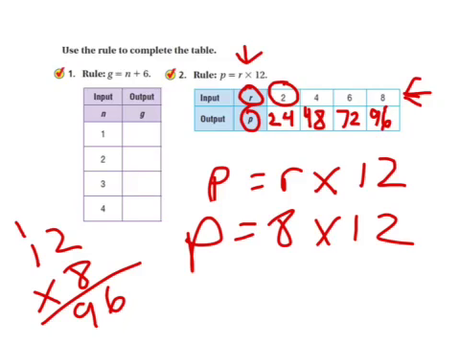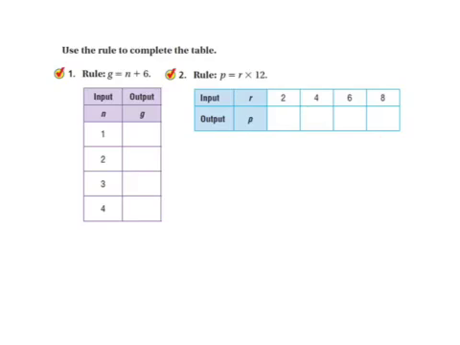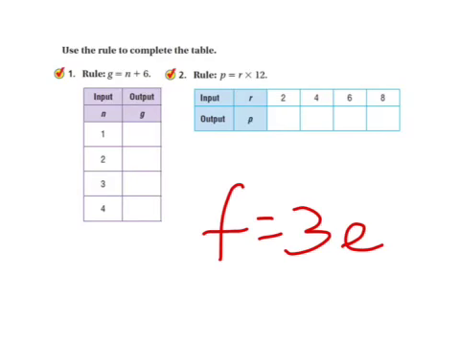In class, we related these to real-world problems. In the book there is a story problem about how to make flan. The equation was F equals 3E, which means that for every egg you get 3 flans.